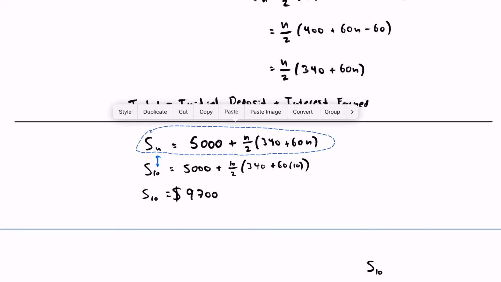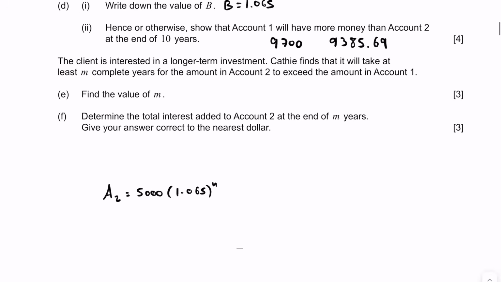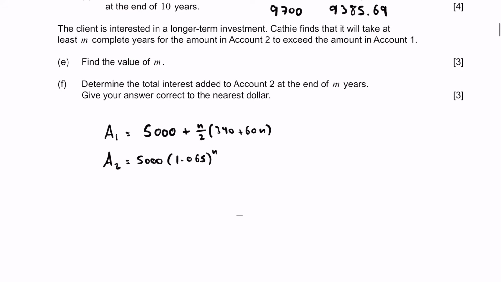Here is account 1. So this is an equation which links the amount to some given value of n. What we want to ask is, when is account 2 greater than account 1? So this is account 2 right here. Let's substitute that value.